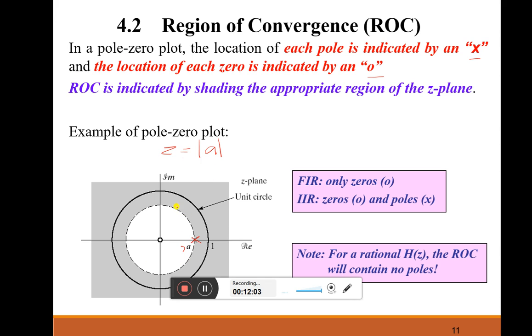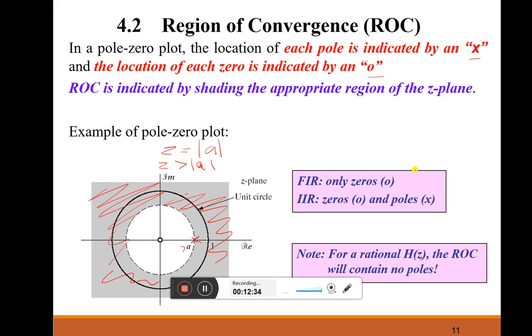Okay, so you plot around in a circle. Okay, so dekat sini, if katakan you punya ROC adalah |z| is bigger than a, so maknanya you punya shaded region ni dekat luar a, right? So this is shaded region.